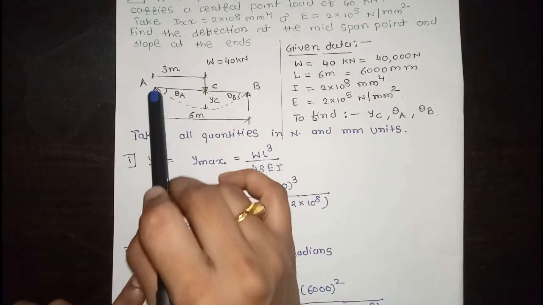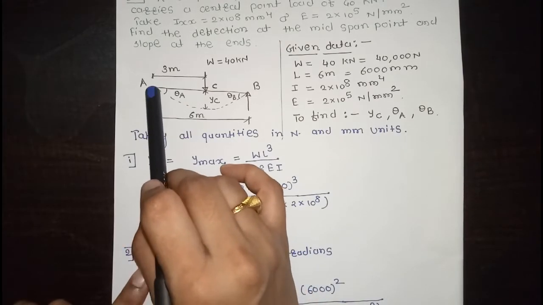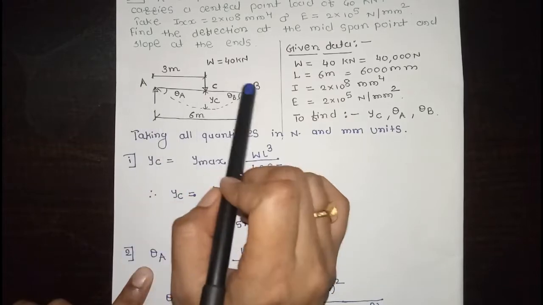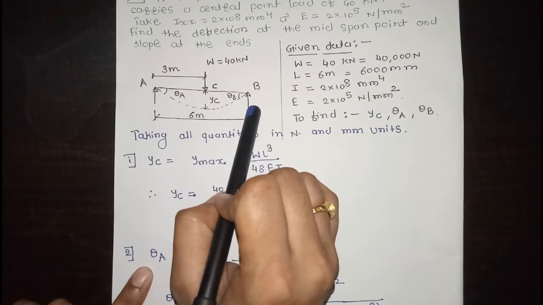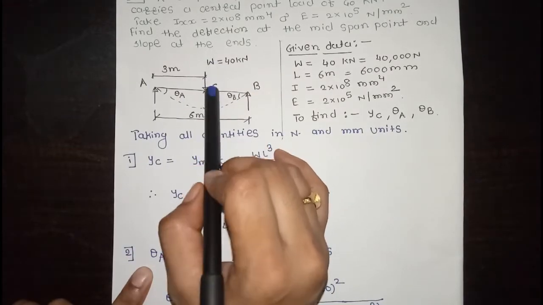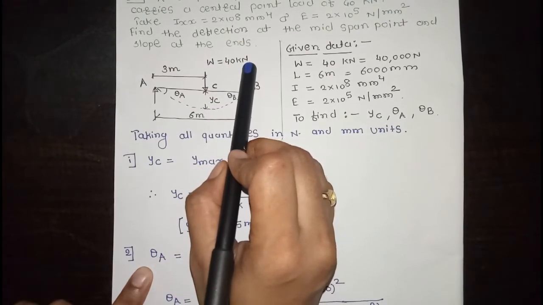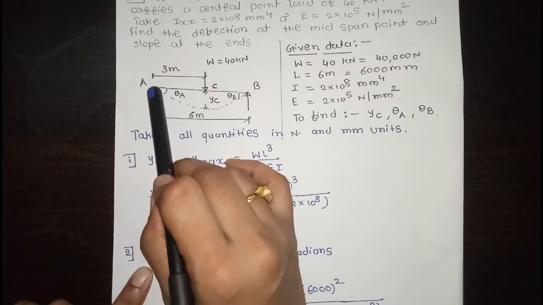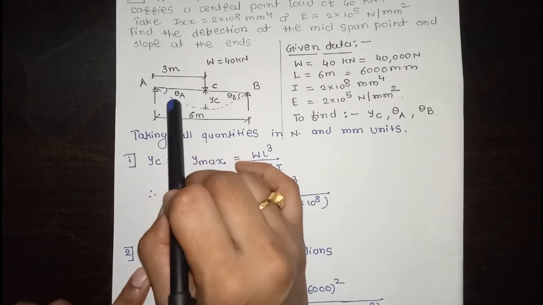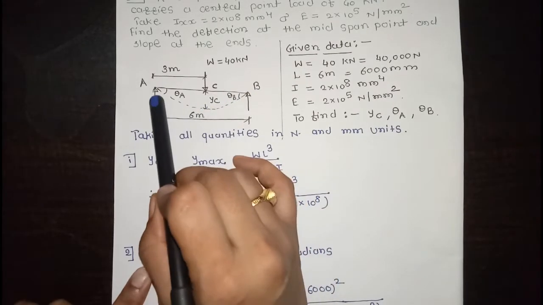First of all, draw the diagram. This is the simply supported beam. Both ends are simply supported with point load, central point load W is equal to 40 kilonewton. The simply supported beam bends in a sagging pattern.